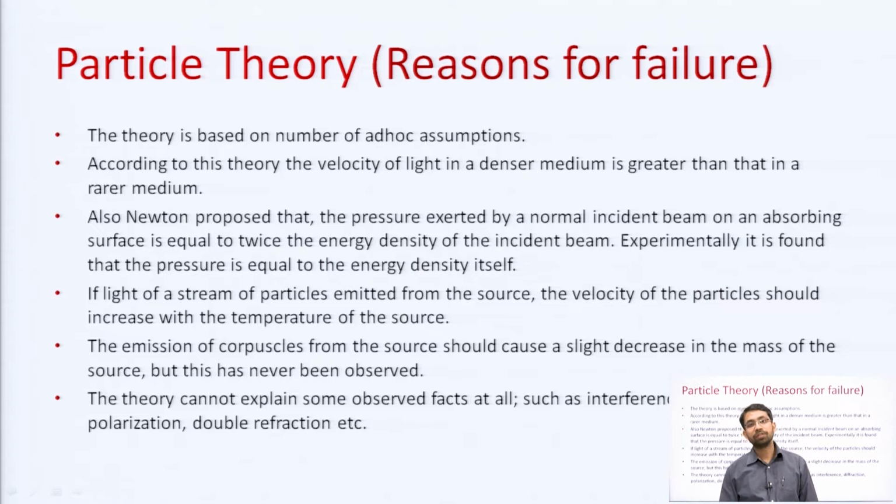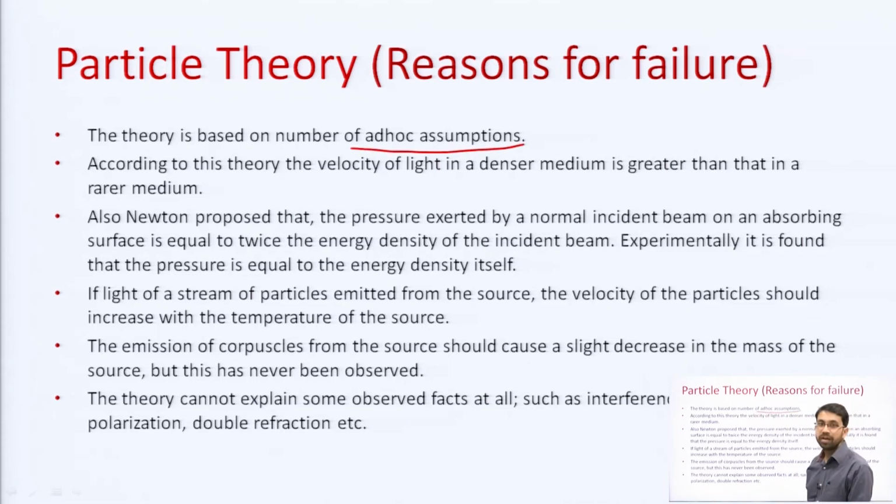Now, this theory failed. Why? There are various reasons behind the failure of this theory. What were the reasons? Reasons for failure. This theory is based on a number of ad hoc assumptions. He assumed most of the things that could not be proved.